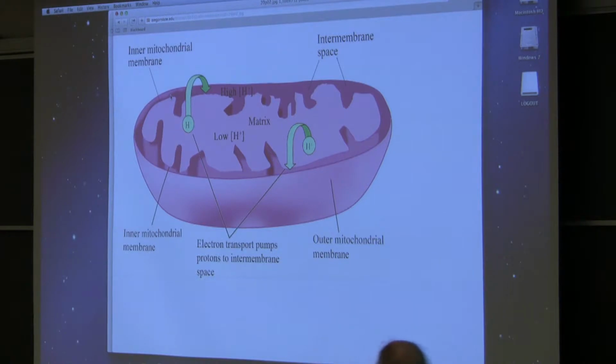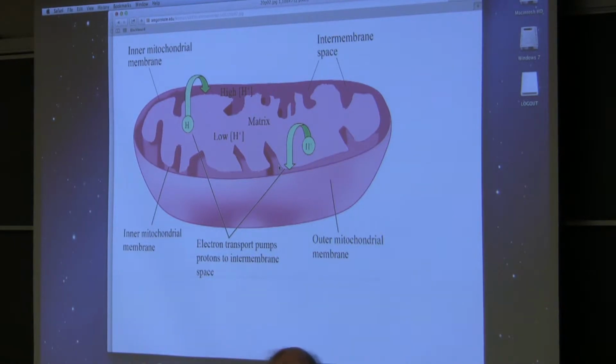And a term I didn't give you, but I will give you, is that places where it folds in on itself, like you see here, form structures that we refer to as cristae, C-R-I-S-T-A-E. Okay? Cristae are infoldings of the mitochondrial membrane, and what they do is they serve to increase the surface area of the mitochondrial matrix.